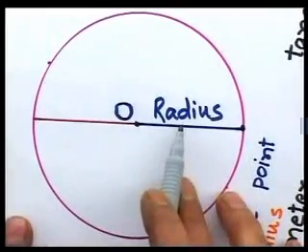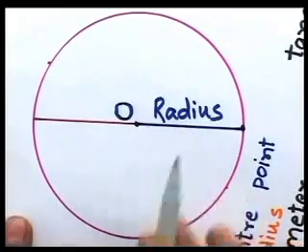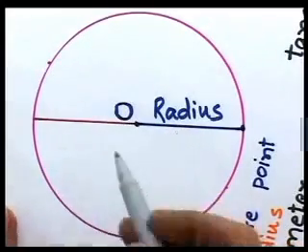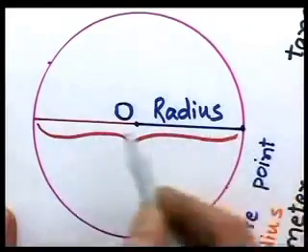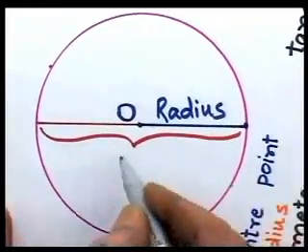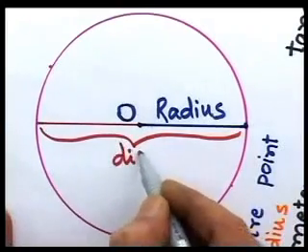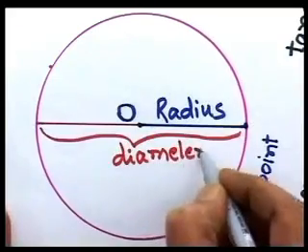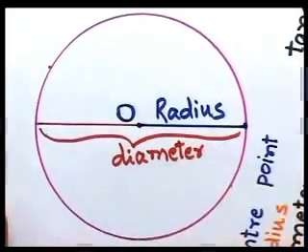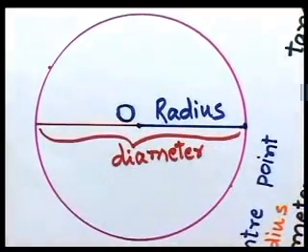Radii is actually a plural form of radius, more than one. Now because we got two radii, both of them together, we call it as a diameter. Please write the spelling. It's diameter. That whole length can be considered to be a diameter.